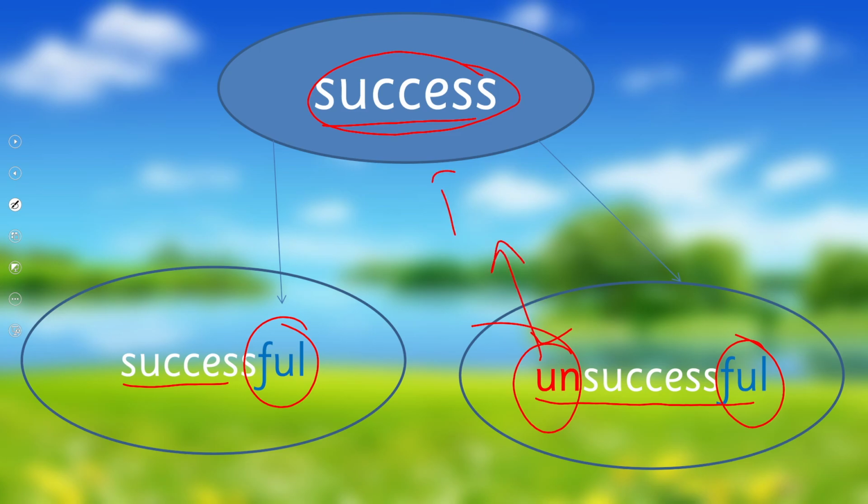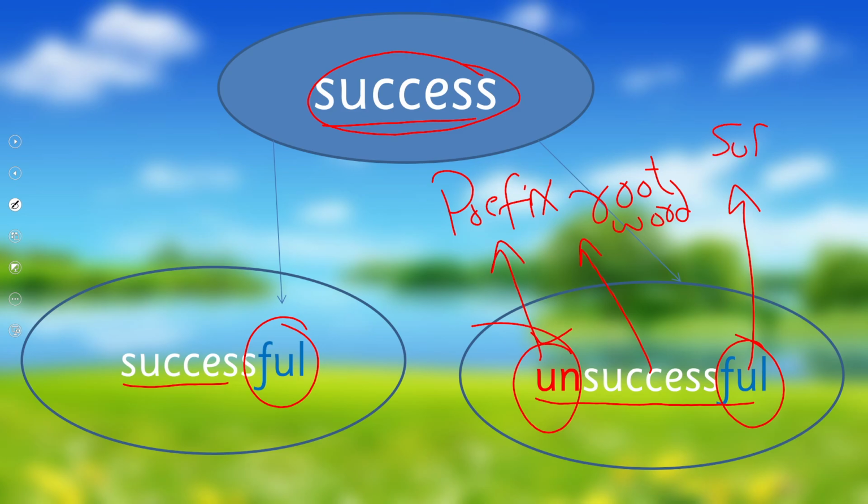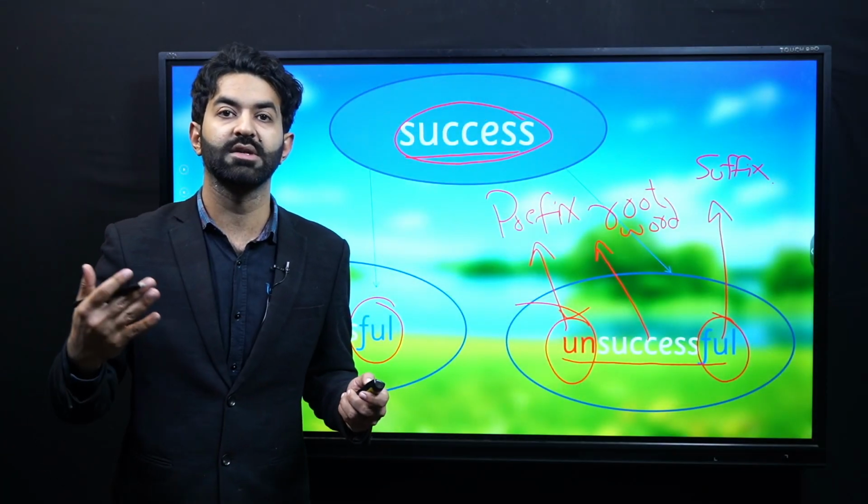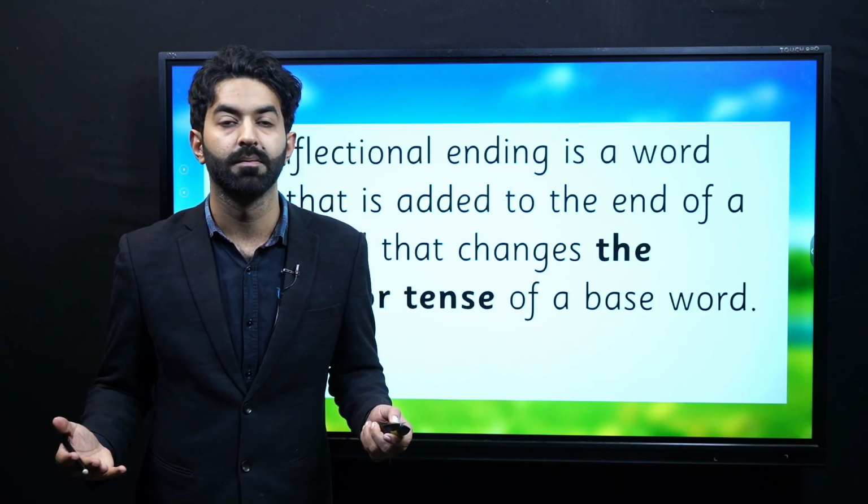Un is our prefix. Success is our root word. And ful is our suffix. Yes. So we had one word, success. We made different words, successful and unsuccessful.